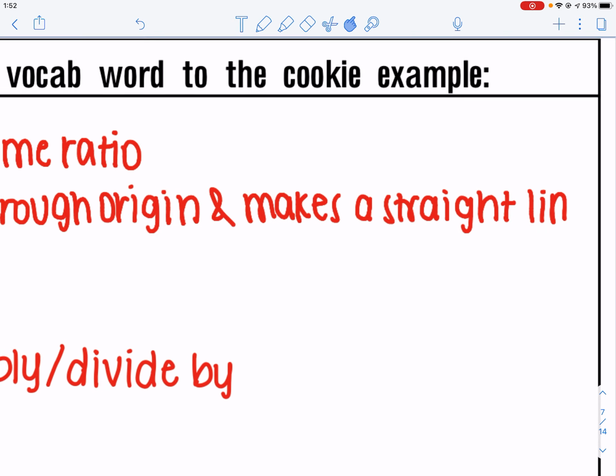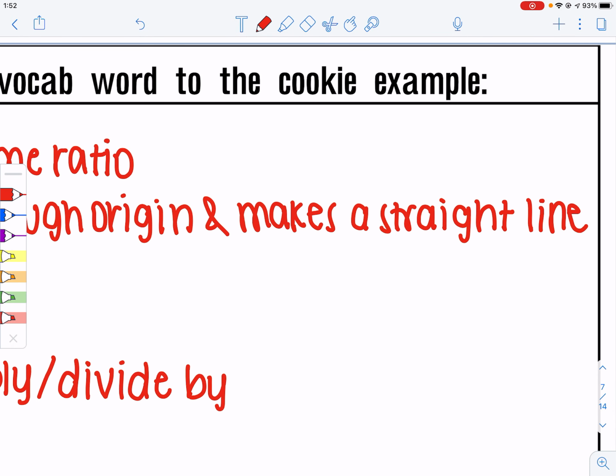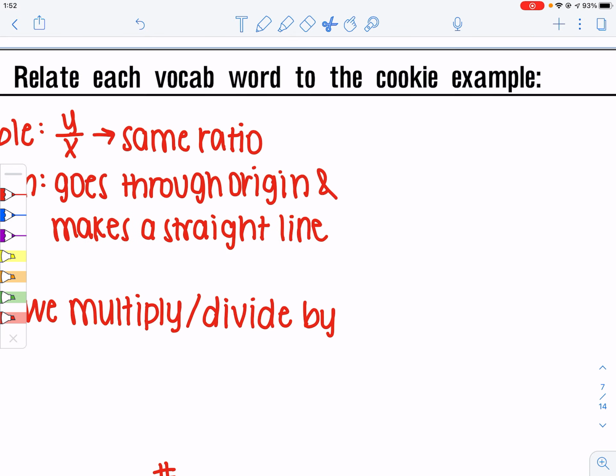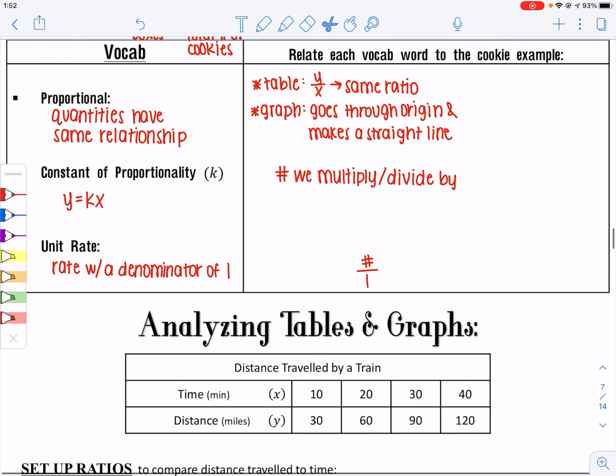All right, so it's got to go through the origin and it's got to make a straight line in order for it to be proportional on a graph. So those two things have to happen for a graph to be proportional. It's got to go through the origin, it has to go through 0, 0, and it's got to make a straight line. It cannot make a curved line at all.